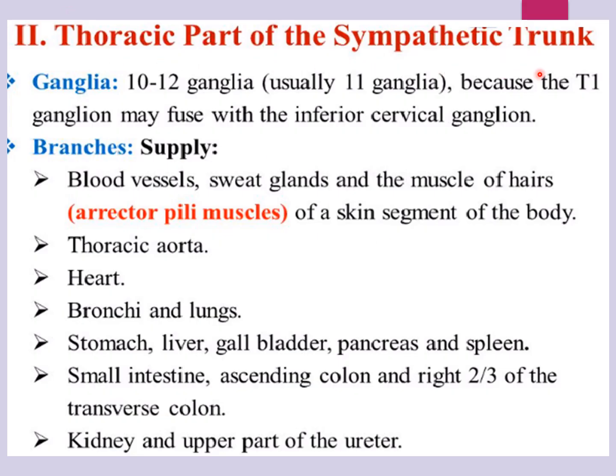The thoracic part of the sympathetic trunk consists of 10 to 12 ganglia, usually 11 ganglia we say, because the T1 ganglion may fuse with the inferior cervical ganglion to form the stellate ganglion.